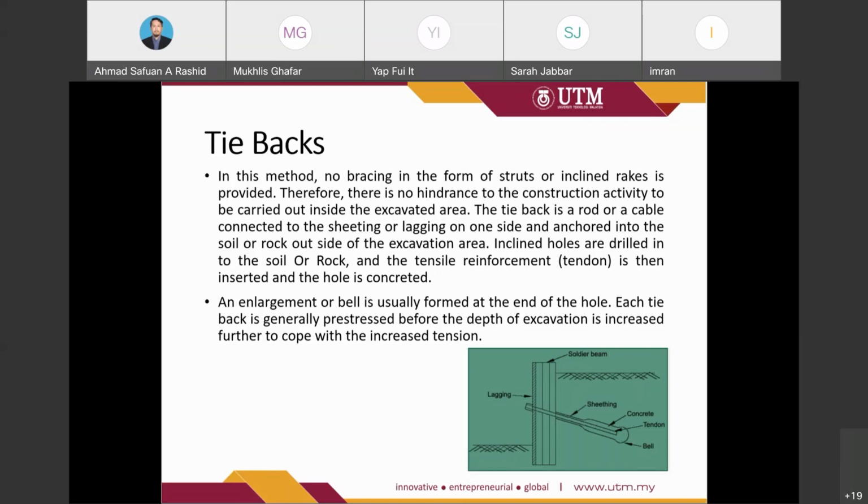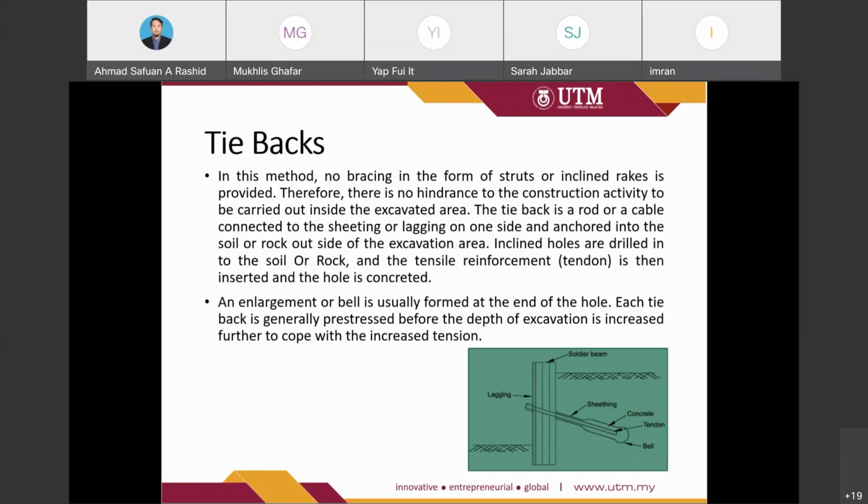So then they include the reinforcement system, they call a tendon. Then they apply the tension force, to make sure that the sheeting system is connected well with the tendon system, and also to ensure that it can stabilize the soil.